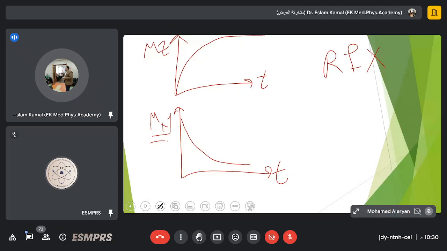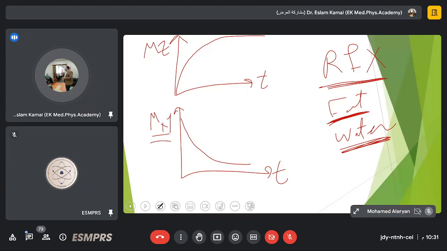So you will find this curve goes up quickly for fat compared to the water itself. That means the water takes longer to be fully recovered. While in MXY, you'll find the fat itself goes down faster than the water.